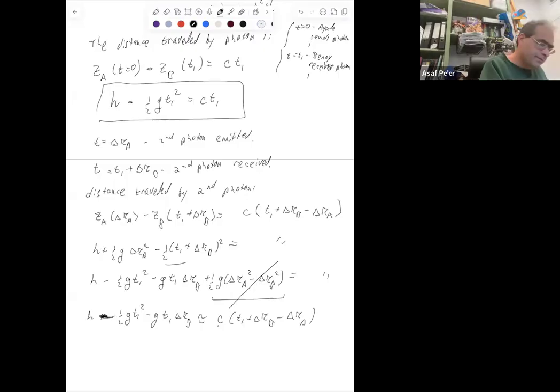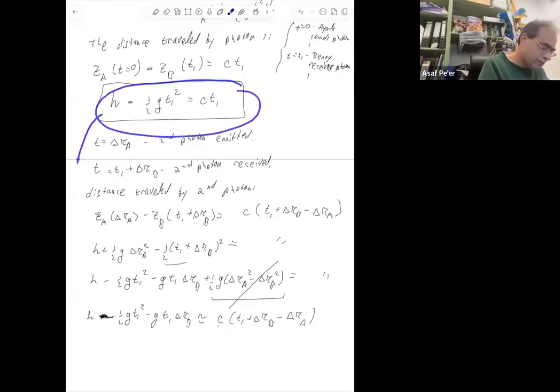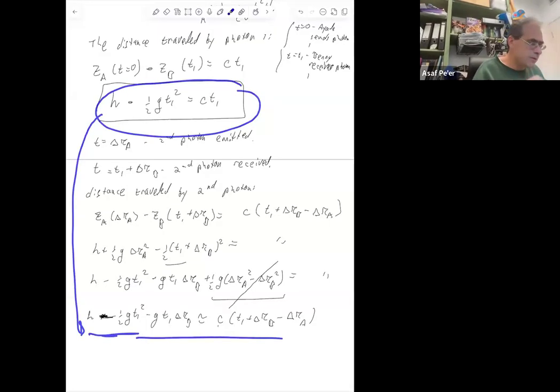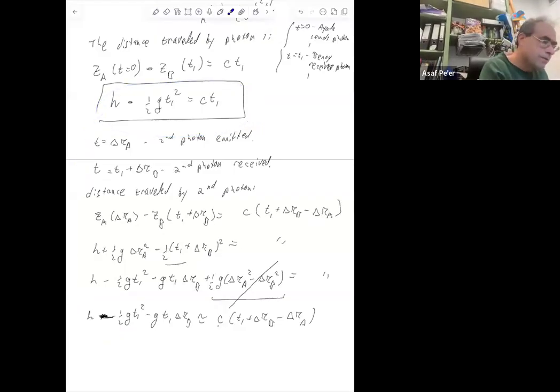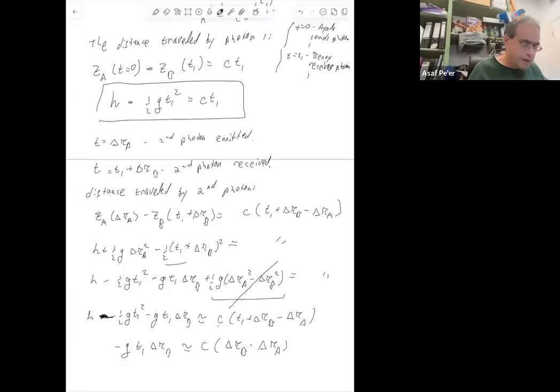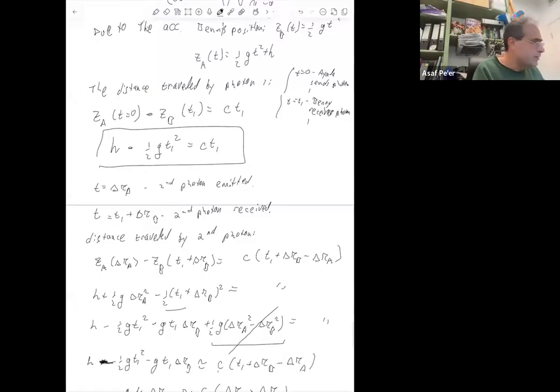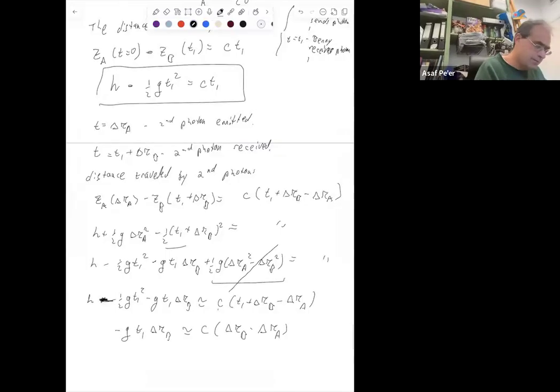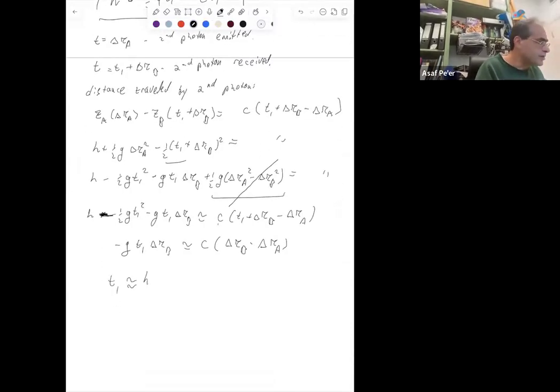Now we have this equation, so I'm going to subtract it from the first equation here. And I'm left with minus G T1 delta tau Benny is approximately, CT1 is gone, C times delta tau Benny minus delta tau Ayala. But T1 is approximately H over C. It's all for first order.